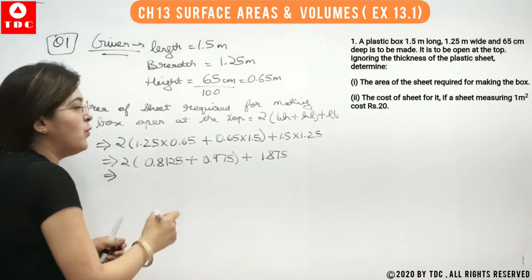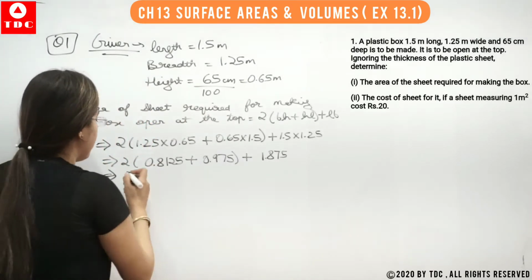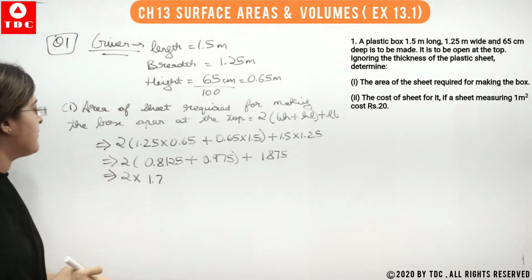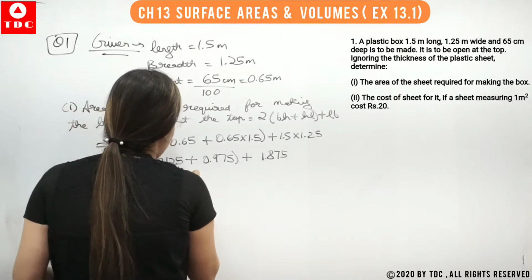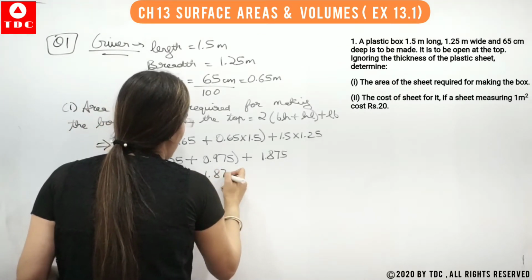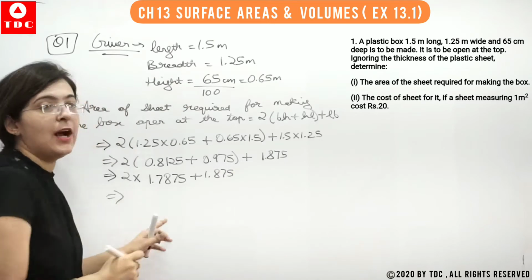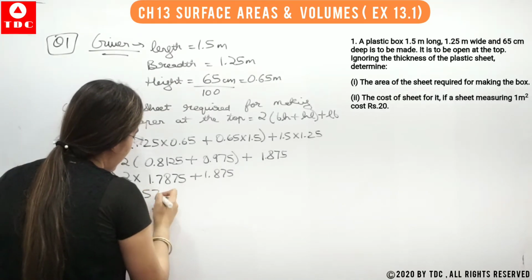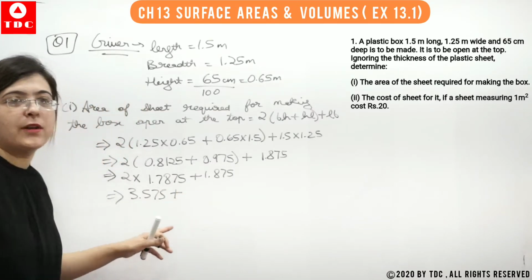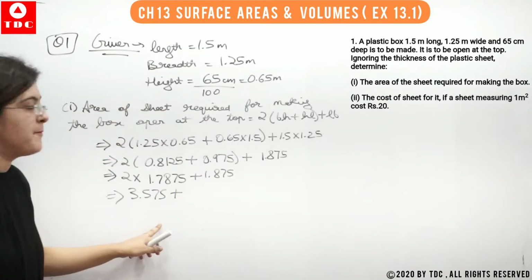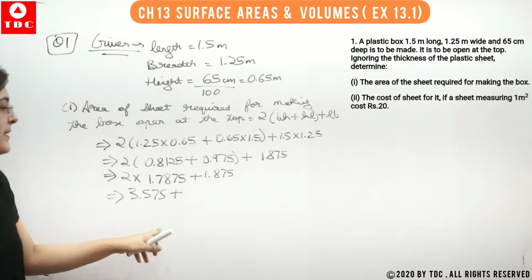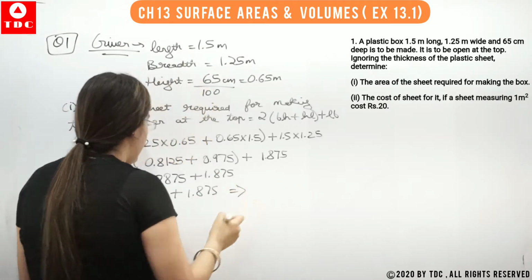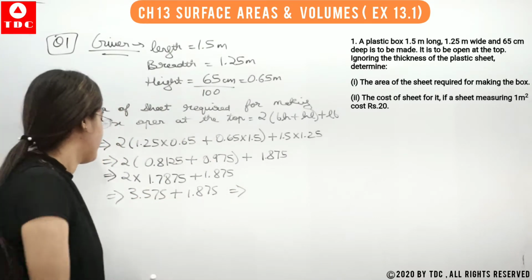Now add up, what will you get here? 2 into 1.625, add them, 3.25 plus 0.975 plus 1.875. See how much will you get when you add this? 6.1 is the sum. Okay, and here what will you get? We have calculated this and this is same. Now add both of them.